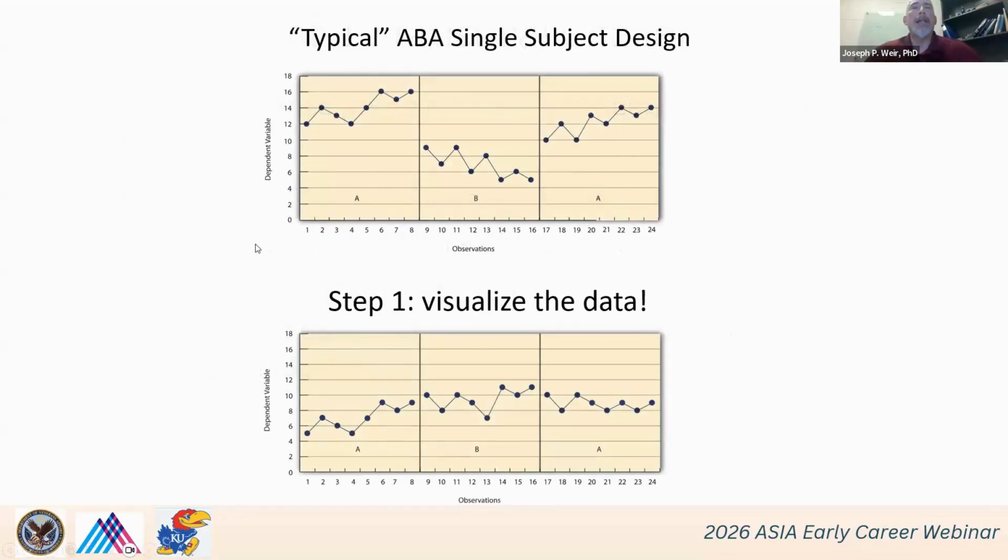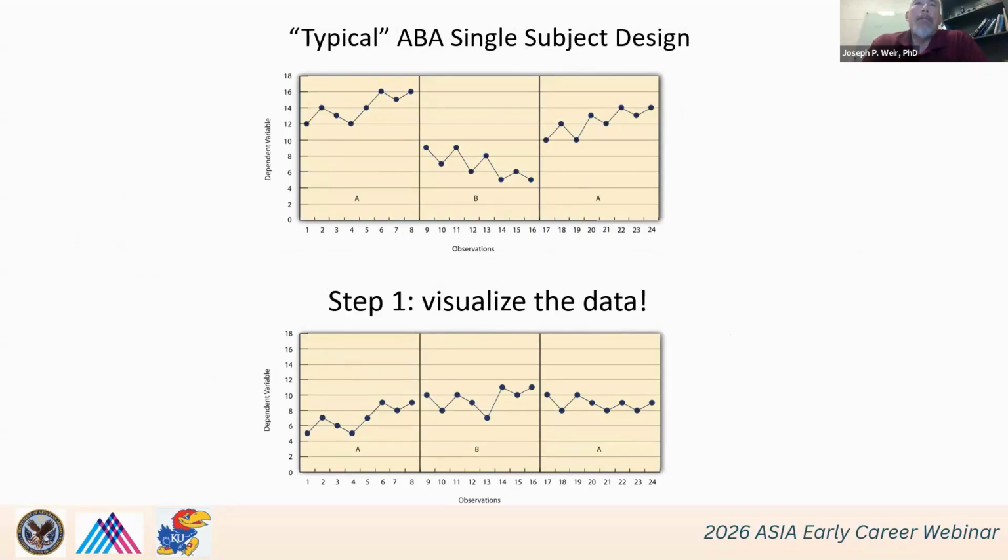Okay, this is a typical picture for a classical ABA single subject design. A lot of my friends and colleagues in Ed Psych, for example, on the measurement side, have been doing this type of work for a long time.